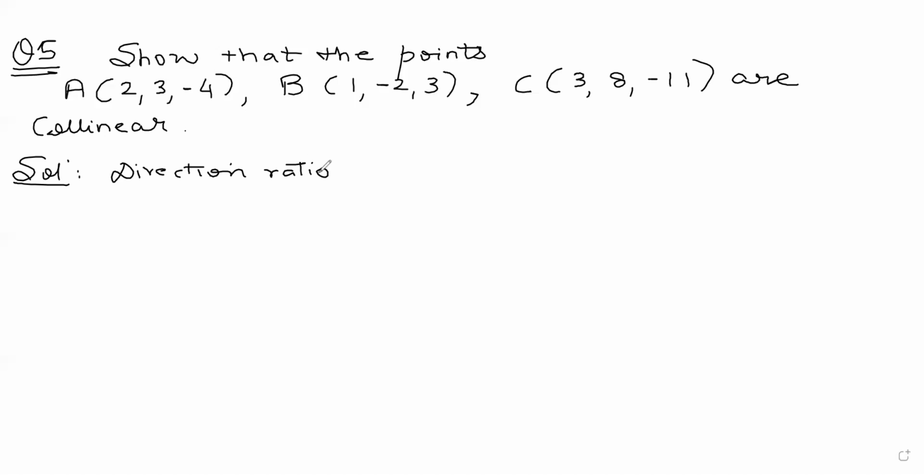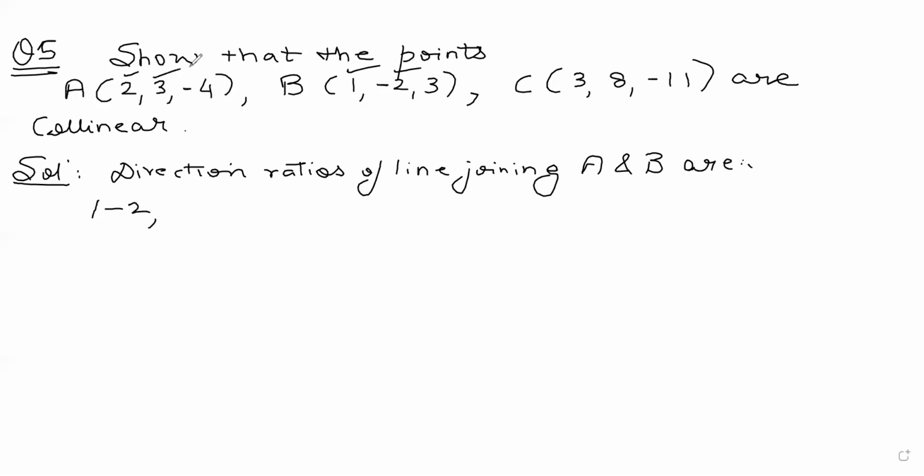So what are the direction ratios of the line joining A and B? 1 minus 2, comma, minus 2 minus 3, comma, 3 minus of minus 4, which means plus 4. So these are minus 1, minus 5 and 7.